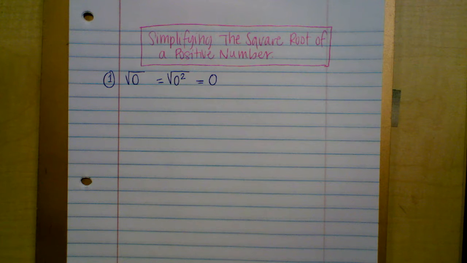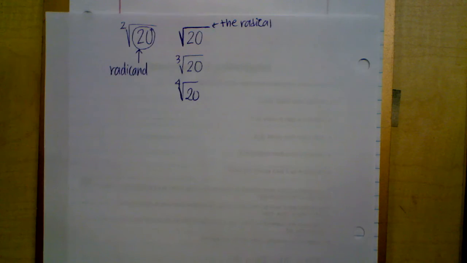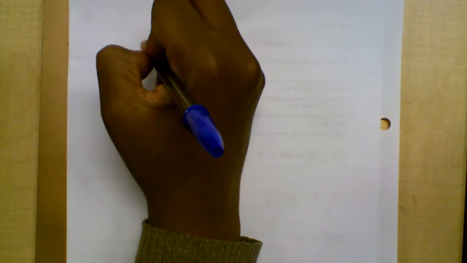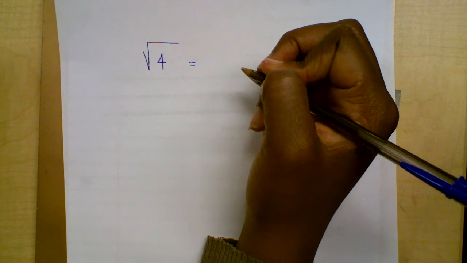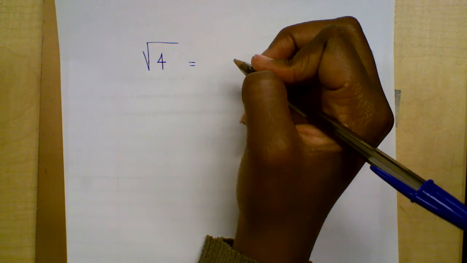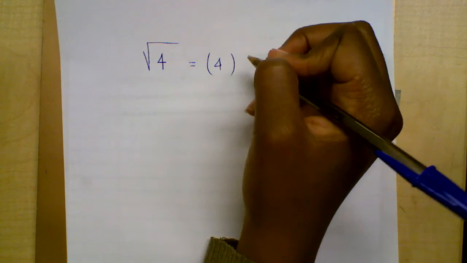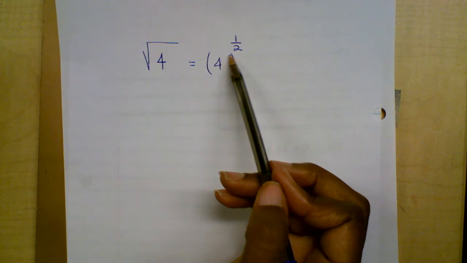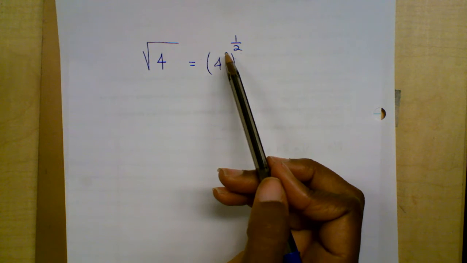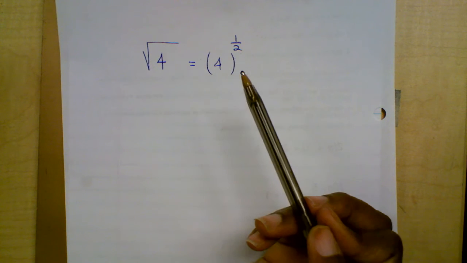It's 0. Also, I forgot to tell you that the square root of a number can be written as an exponent. I can rewrite the square root as the exponent of 1/2. That's the reason why the square root undoes the square.